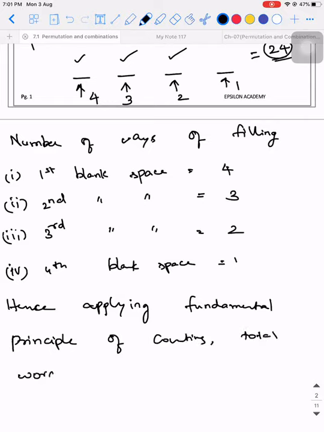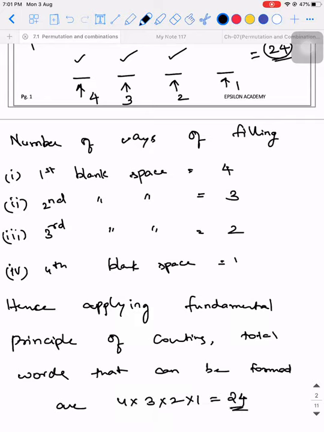Total words that can be formed are, what will you write? 4 into 3 into 2 into 1, that will be 24. This is clear. So this is what they expect you to write in the exam. Solving is simple, but you need to present it well. Clear? So this is how you need to make a note of it.